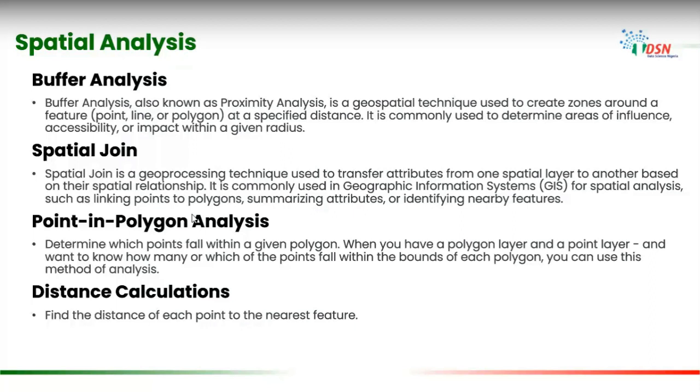Spatial join is also a technique that helps you join 2 spatial layers together, and then you can get a lot of insights and relationships from 2 different spatial layers, and use it to identify features too. Then we have the point in polygon analysis, which determines which point falls within a given polygon.